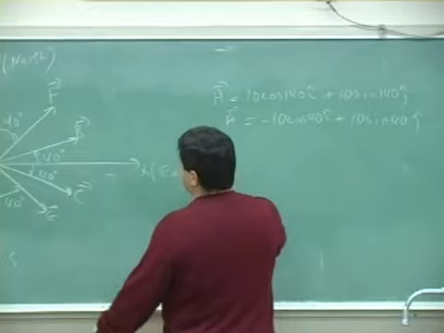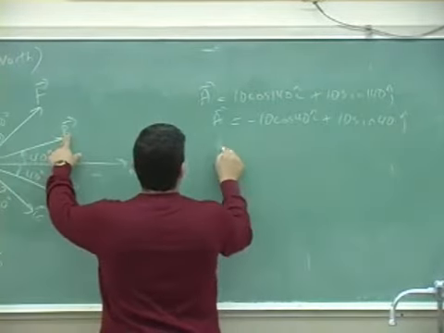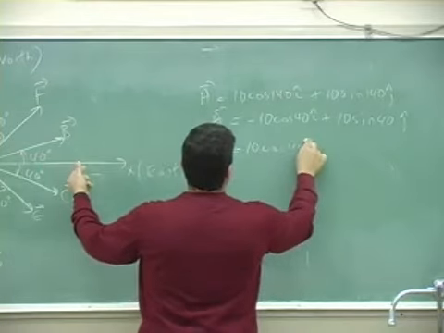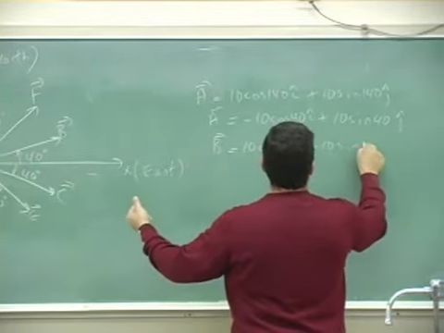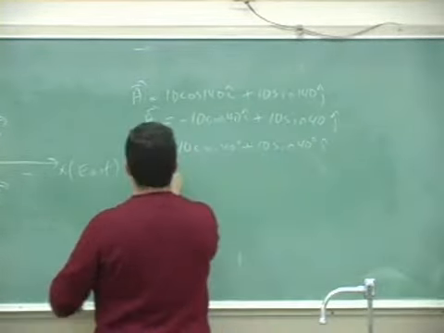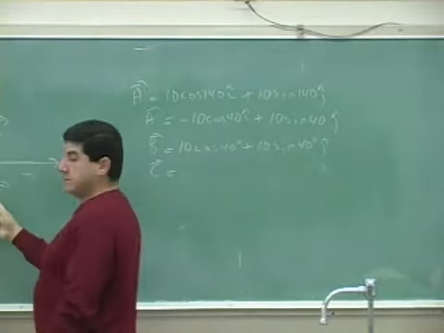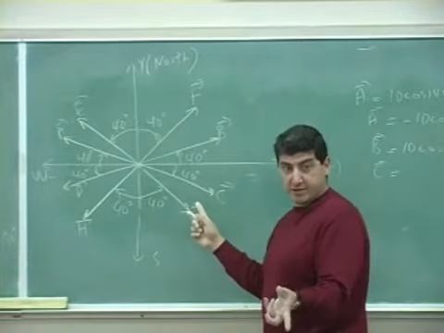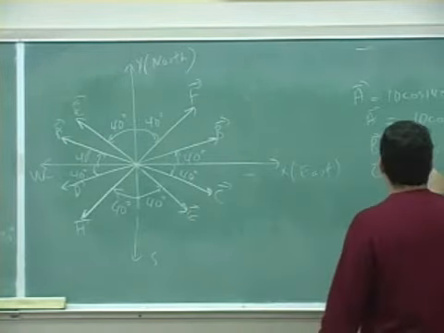Vector B will be, that one's going to be easy, right? 10 cosine 40 i hat plus 10 sine 40 j hat. What's vector C? 10 cos 40 minus 10 sine 40, right?